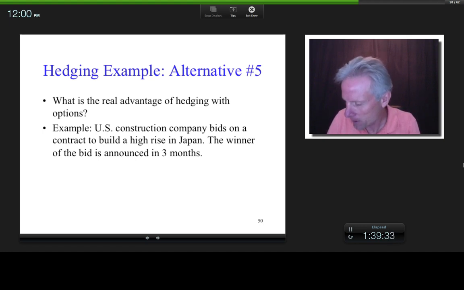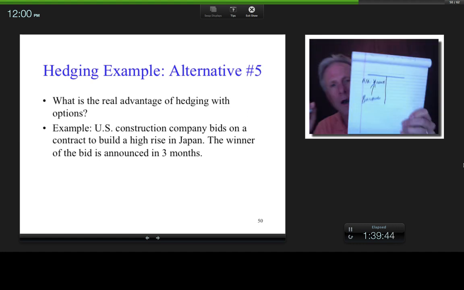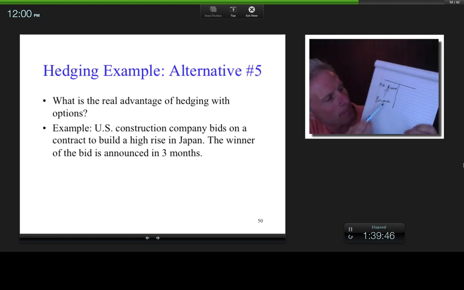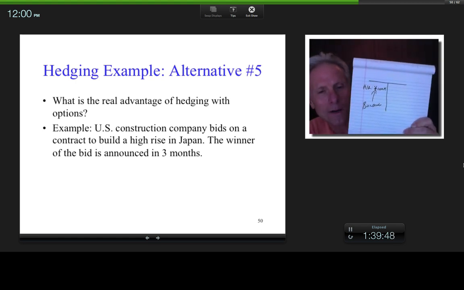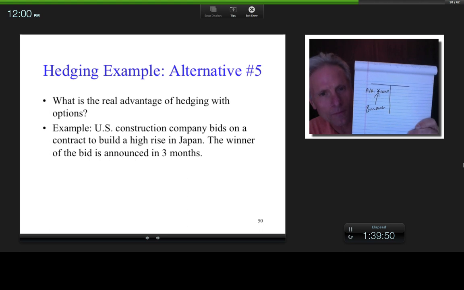They will, right? So let's say, I'll keep the numbers the same. Let's say your transaction is you build 100 million yen for the building. So you're saying, all right, well, if you pick us, you'll owe us 100 million yen and we'll build the building.